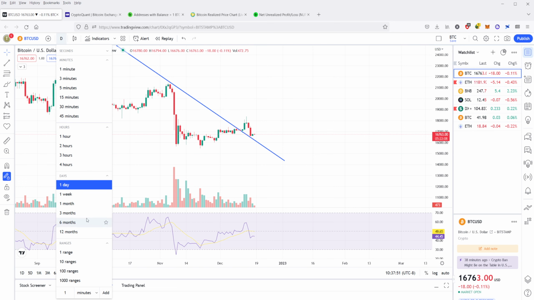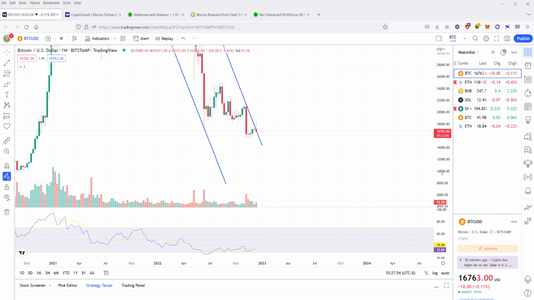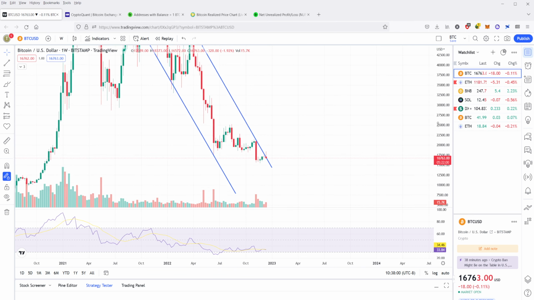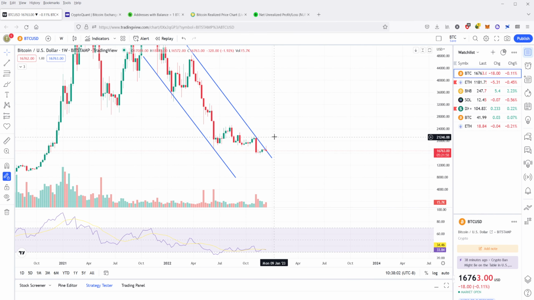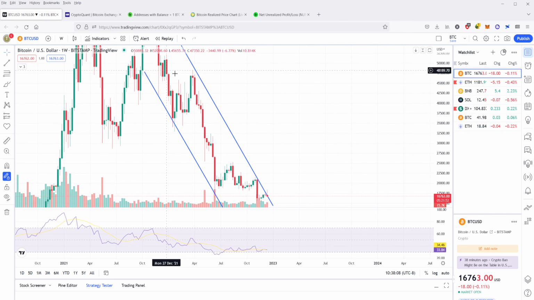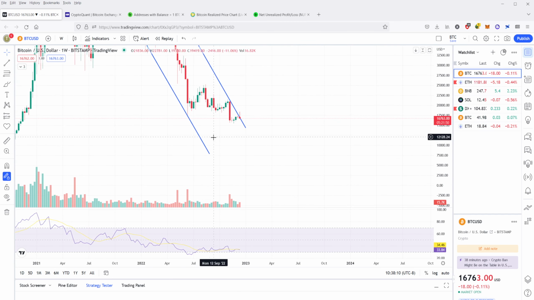I'm not willing to call the downtrend in this weekly pattern broken, considering it's encountered significant overhead resistance. If it's unable to break out from here, then Bitcoin will resume the downtrend in this long-term downtrend.